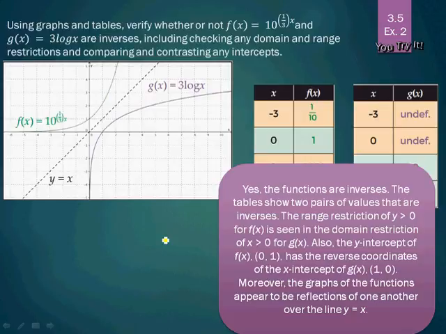Also, the y-intercept of f(x), (0, 1), has the reverse coordinates of the x-intercept of g(x), (1, 0). Moreover, the graphs of the functions appear to be reflections of one another over the line y = x.